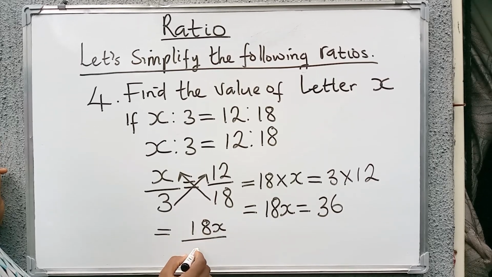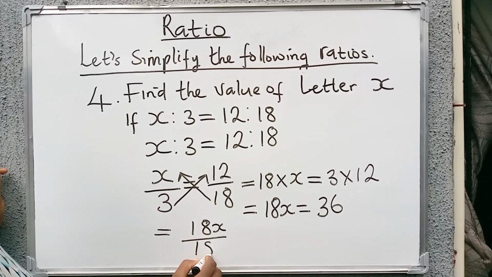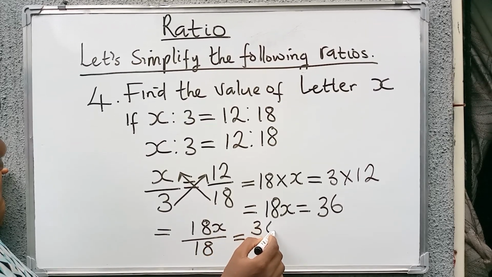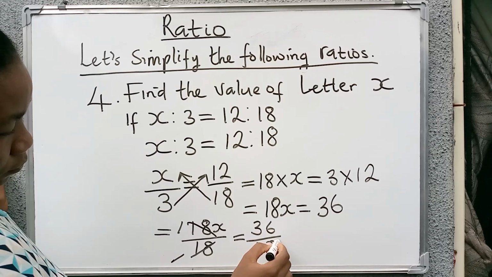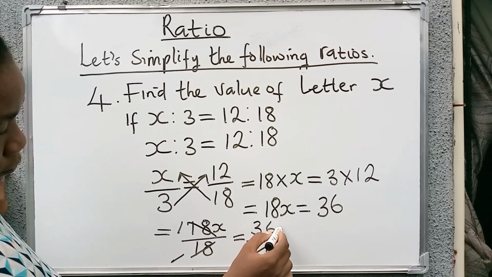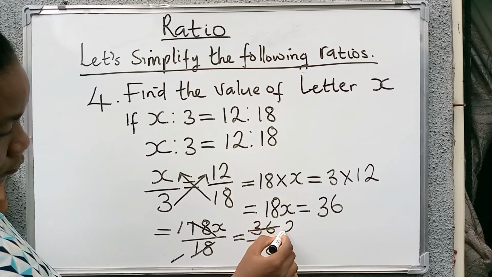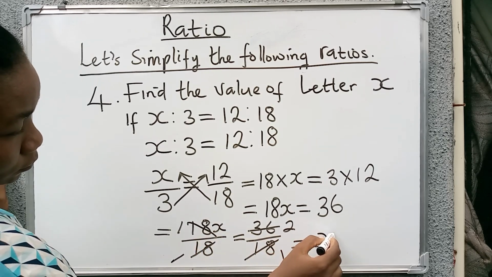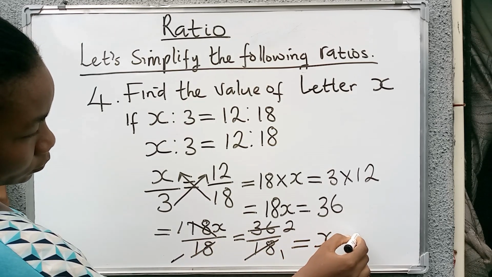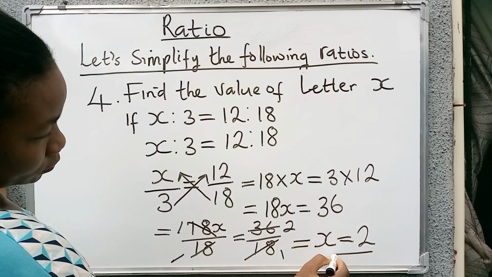So we say 18x divided by 18 equals 36 divided by 18. Remember, we are looking for x, being the missing value. And that will give us 2. x is 2. In our next video, we will look at other examples of ratio.